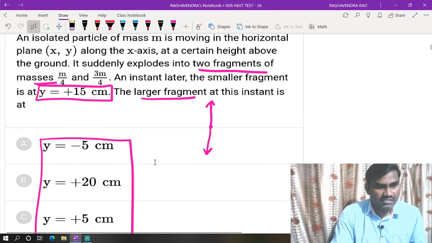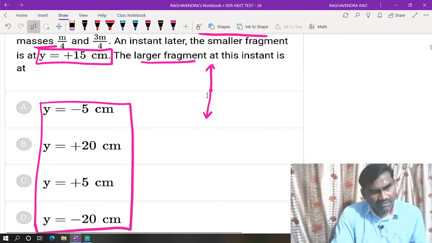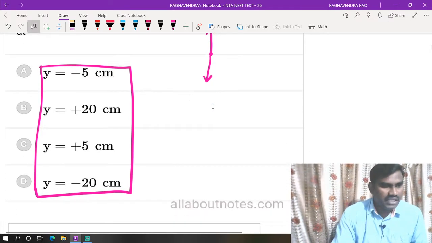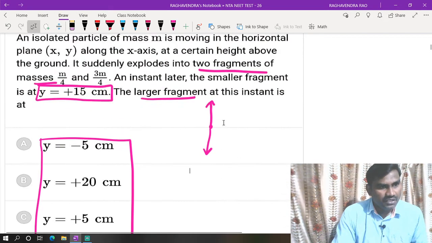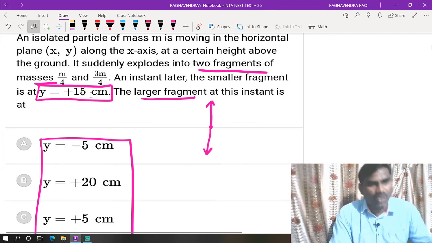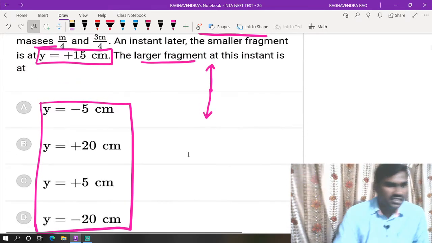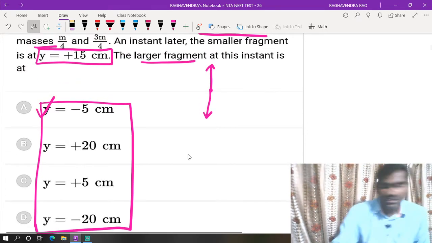Those two could also go perpendicular to each other, but according to the options they are given like that. Now as this is plus 15 centimeters, this is the smaller one. So the smaller one will go a larger distance than the larger one. So by seeing the options directly we can say this will be y equal to plus 5 centimeters.